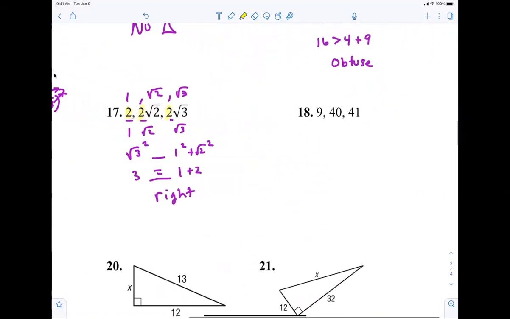Ooh, I think 9, 40, and 41 is another triple. Does everybody verify that for me? 41 squared is equal to 9 squared plus 40 squared. Is that correct? Is that 1681? Help me, guys.